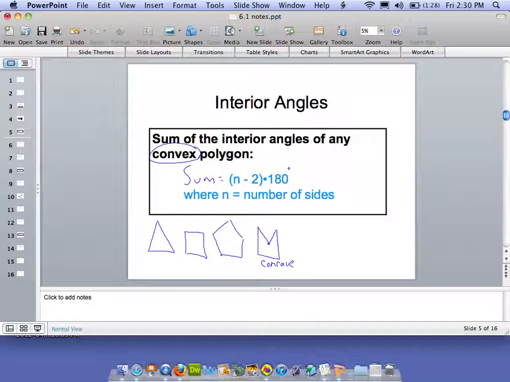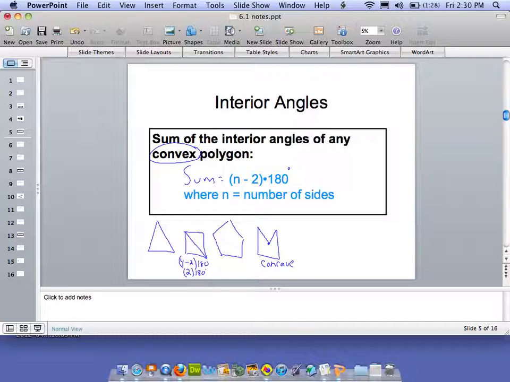And where the formula came from is the fact that we know that the angles of a triangle add up to 180. And if you took any polygon with more than 3 sides, you could divide it into triangles. So the square has 2 triangles. And a 4-sided figure minus 2, which is equal to 2 triangles, times 180, will give us 360.